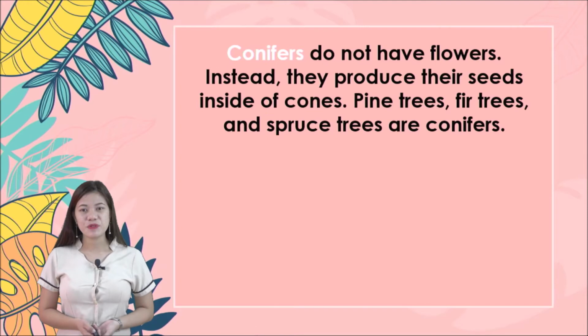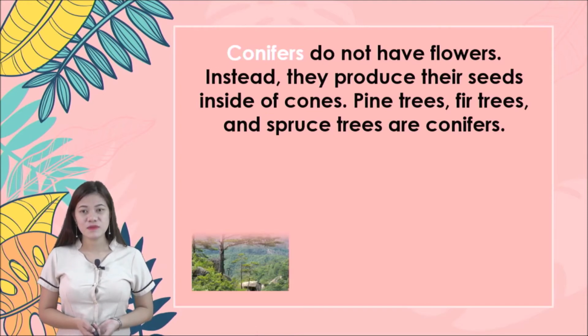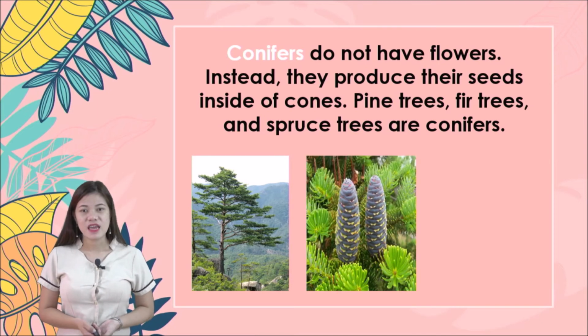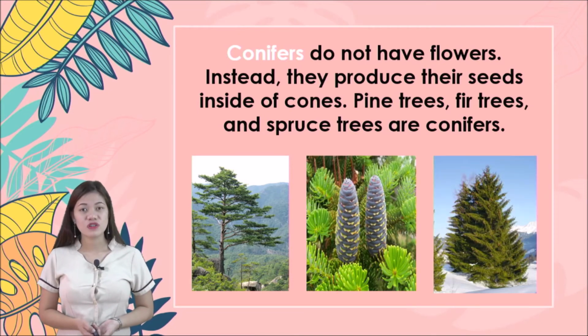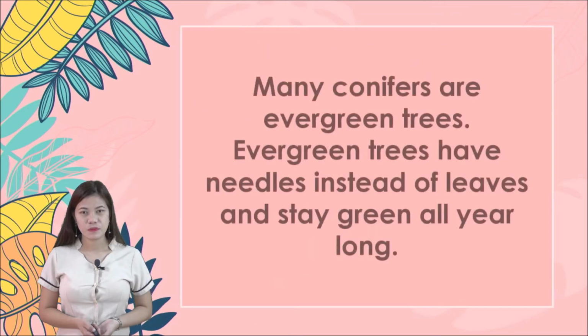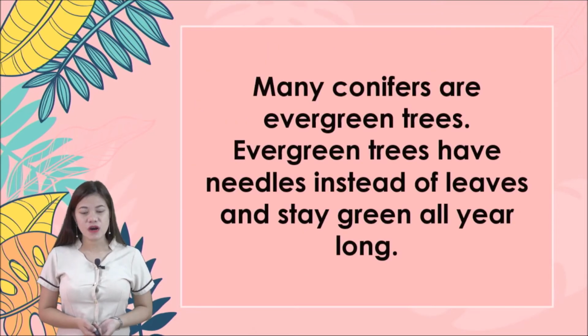Instead, they produce their seeds inside of cones. Pine trees, fir trees, and spruce trees are examples of conifers. Many conifers are evergreen. Evergreen trees have needles instead of leaves and stay green all year long.